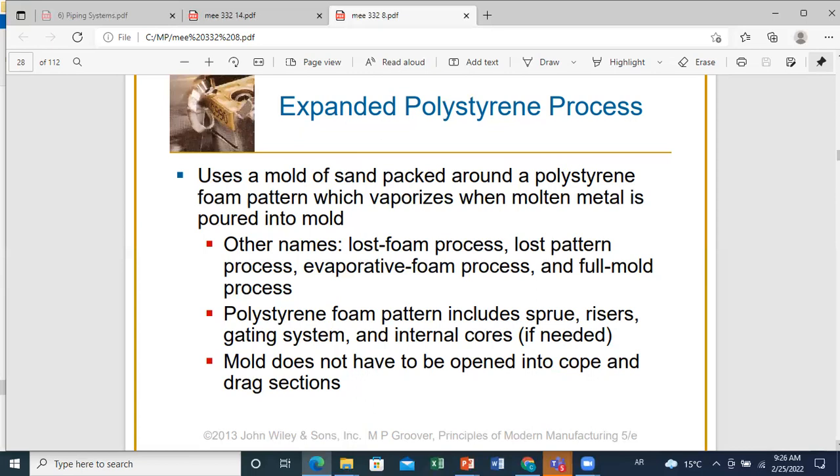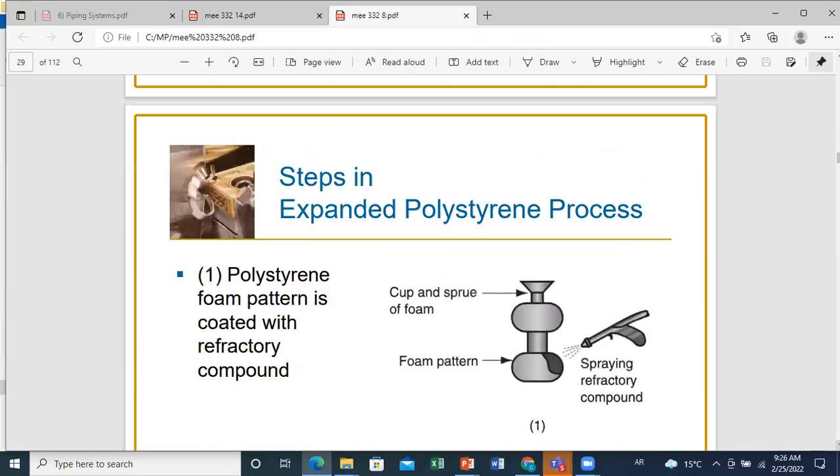The idea is that a polystyrene foam pattern will be used, and it will include the sprue, risers, gating systems, and internal cores if needed. And the mold does not have to be opened into cope and drag sections. Let us see the details of this system. These are the different steps. The first step is you bring your pattern.